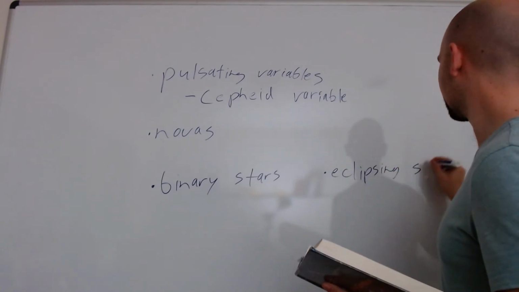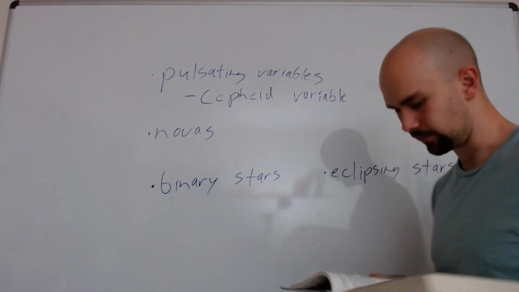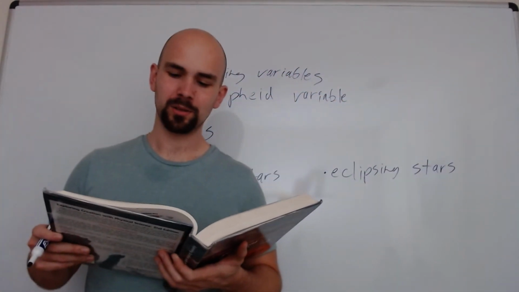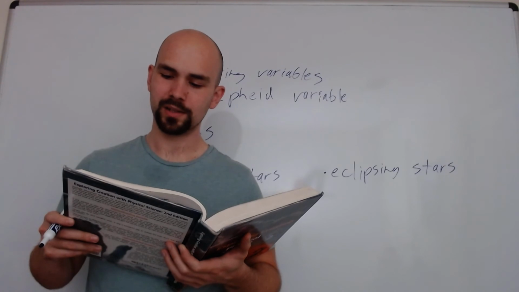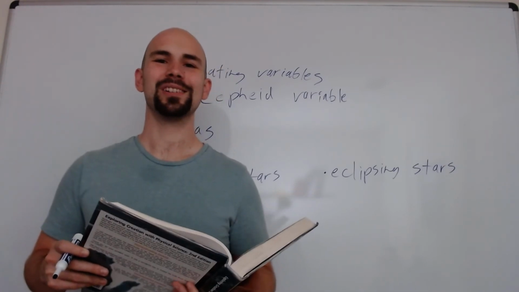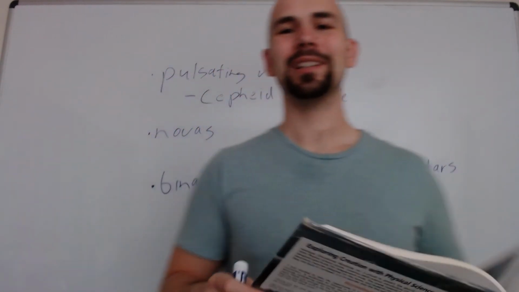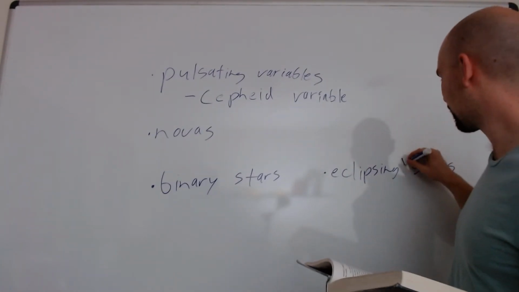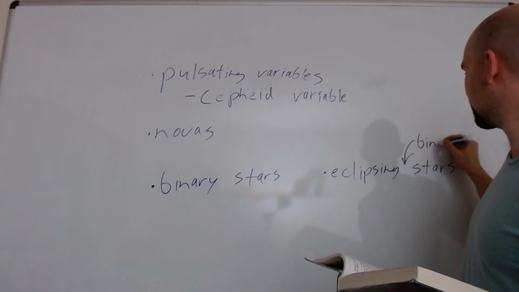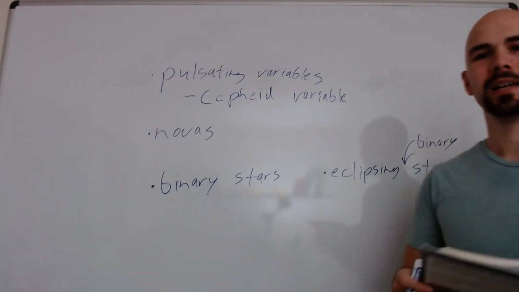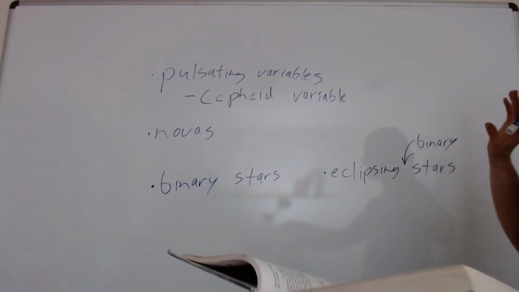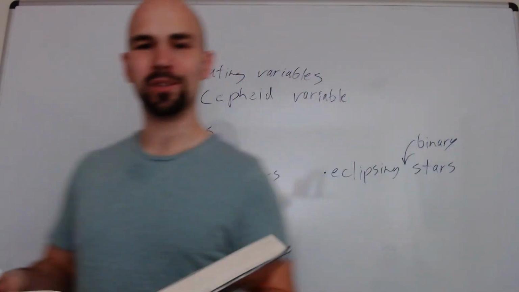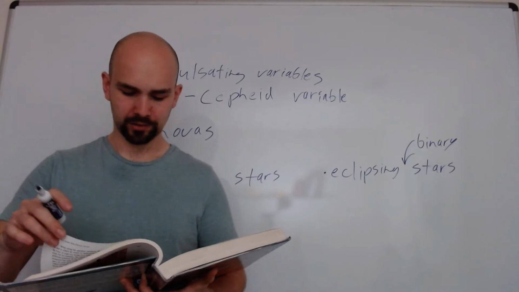You can read about these. They vary in apparent brightness, not because their absolute magnitude changes, but because one of the stars can block the view of the other. So the absolute magnitude of eclipsing binary stars doesn't change. It's just that one of them will eclipse, meaning block the other one, and so then you don't see its full light. So its apparent magnitude is what's variable, not its absolute magnitude.